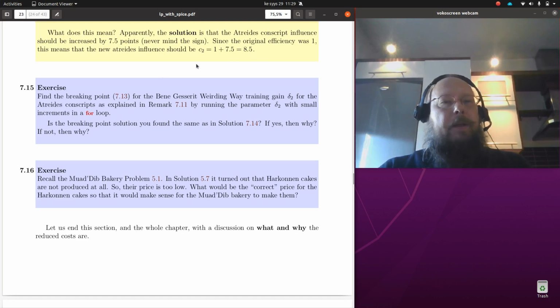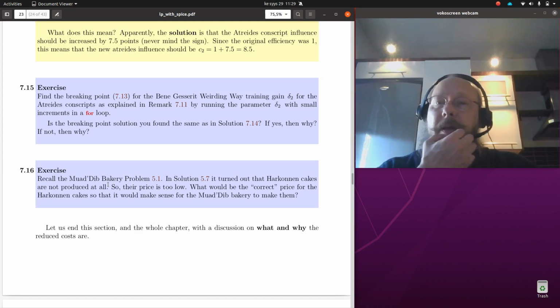Alright, then there is a final exercise in this chapter, 7.16. So this is our favorite, I suppose, problem, Muad'Dib bakery 5.1, and its solution 5.7. There it turned out that the Harkonnen cakes are not produced at all. So it's a similar situation as this jihad problem. So apparently this means that the Harkonnen cakes are not priced high enough.